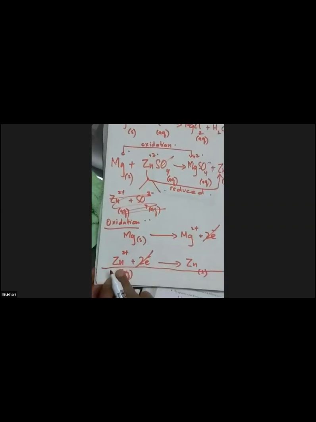Now the overall reaction would be magnesium solid and zinc 2+ on the left side, and magnesium 2+, this is aqueous, from magnesium sulfate, it was soluble, plus zinc solid.